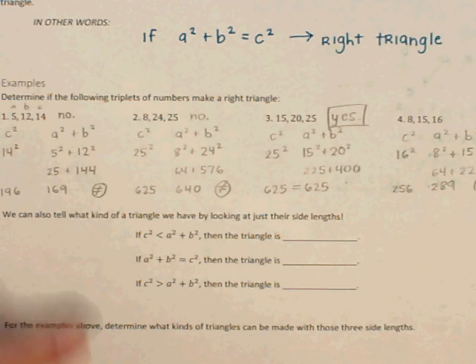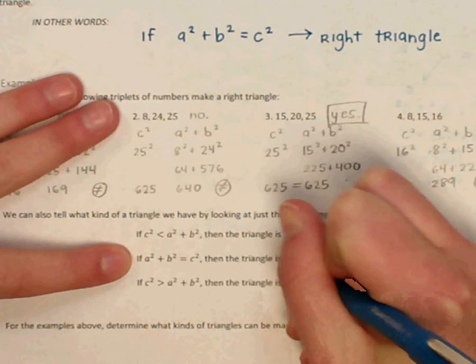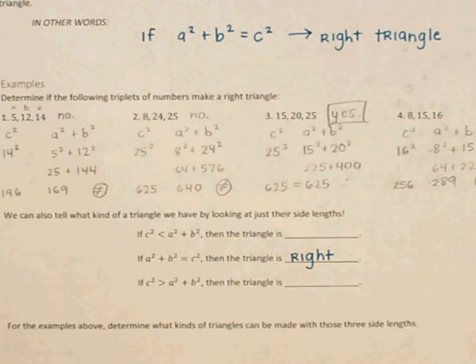Okay, so we know this middle one here, if a squared plus b squared equals c squared, we know we have a right triangle. Okay, that one shouldn't be an issue at this point, okay? But what happens if our c squared value is less than a squared plus b squared?